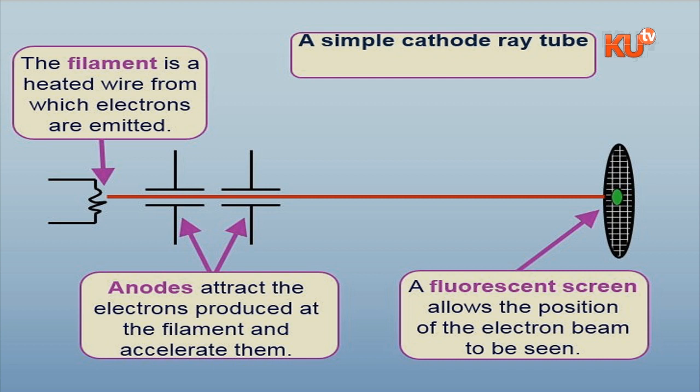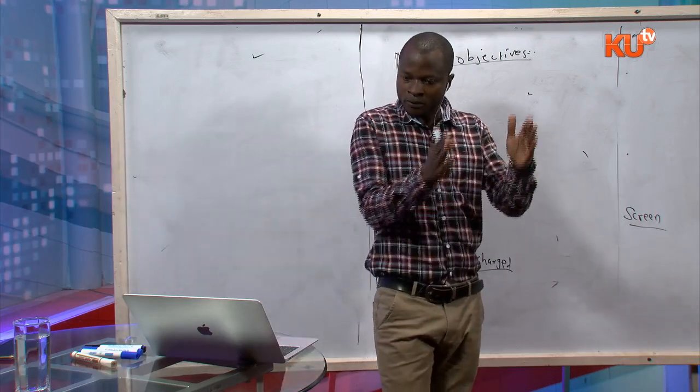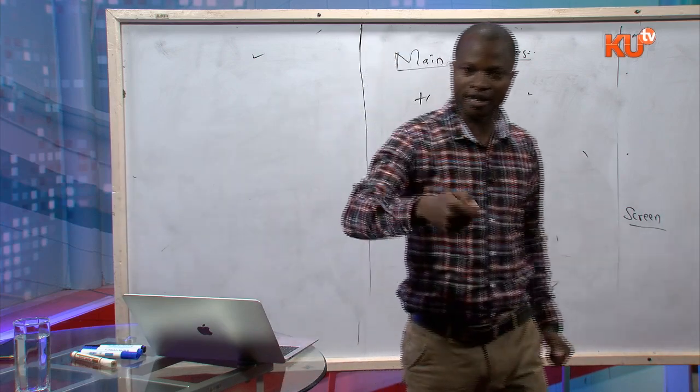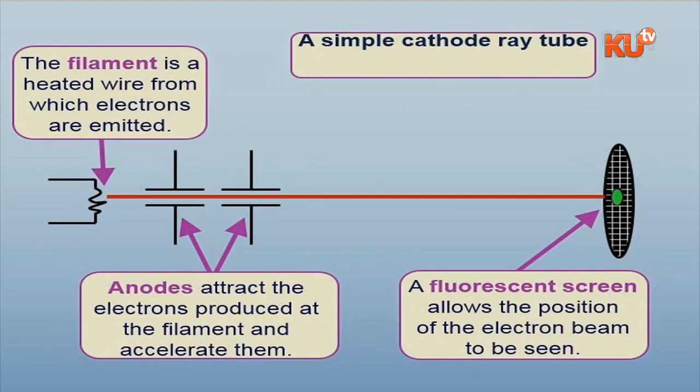So that screen, we are not talking about a mirror, we are not talking about any other screen, but we are talking about a fluorescent screen. So this simple diagram shows you that from the cathode, electrons are produced by what? Thermionic emission. Then they are accelerated by the anodes towards the screen. Once they impact on the screen, it will glow, and you will see that green dot.